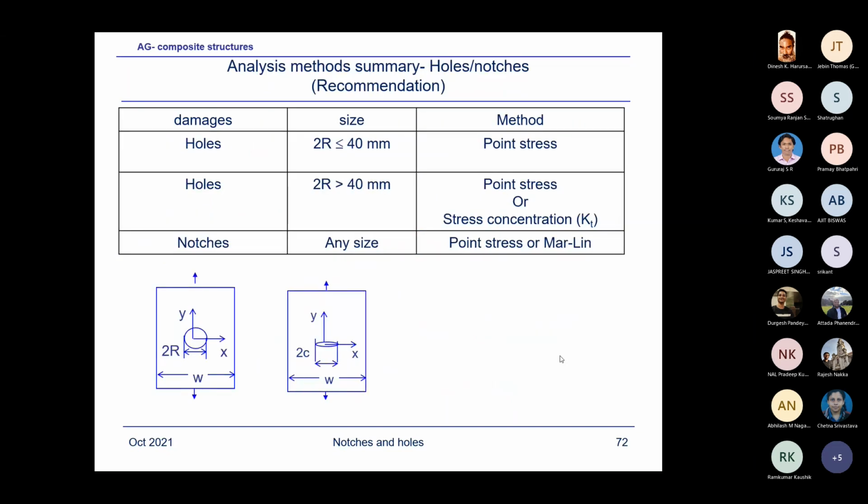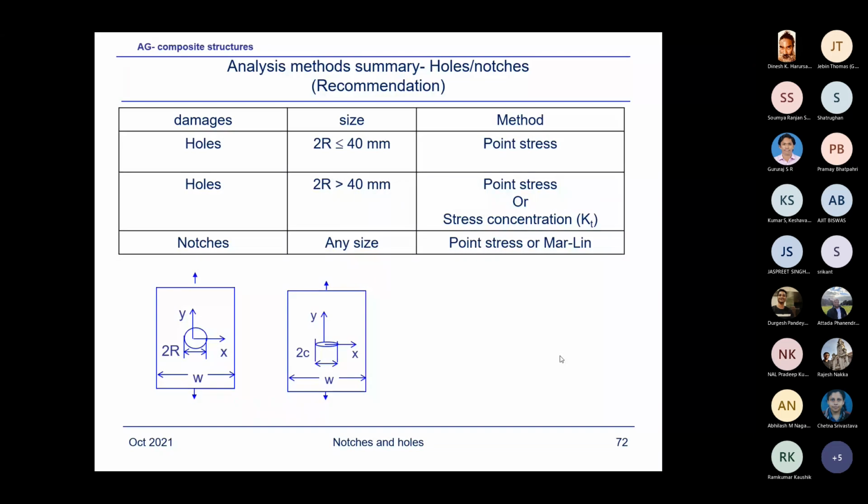Okay, now here are the analysis method recommendations for the hole notches based on the discussion which I provided. The holes, normally what happens, if the hole size is less than 40 millimeter, as I showed last time, for the smaller holes, you need to use the point stress criteria, but if the holes are larger, then point stress will give you the same thing as the stress concentration approach.